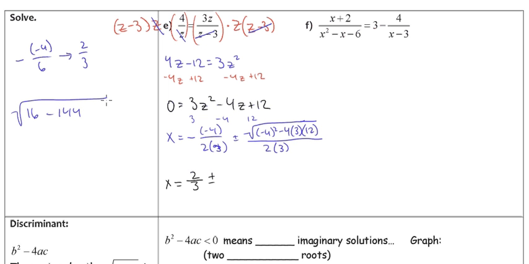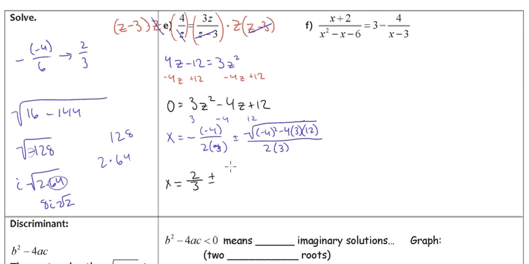And I subtract those out, and I get the square root of negative 128, which is going to be i, that's the negative, I'm going to factor that out, times the square root of 128, which is 2 times 64. So the square root of 2 times 64, and the square root of 64 is 8. So this all turns into 8i root 2.